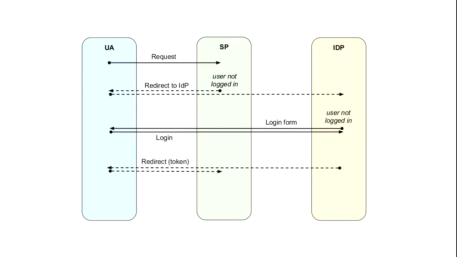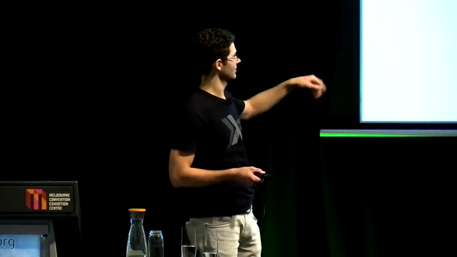That redirect URL will contain what at this point we'll just call a token. And a token is either an identity assertion, so some verifiable assertion made by the identity provider about who the user is, and possibly some other attributes. Or it is a token that the service provider can use to obtain a verifiable identity assertion from the identity provider.